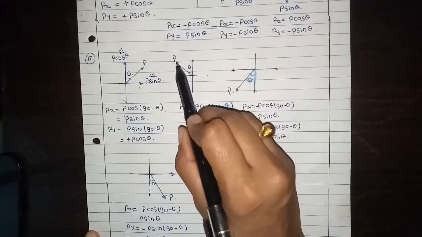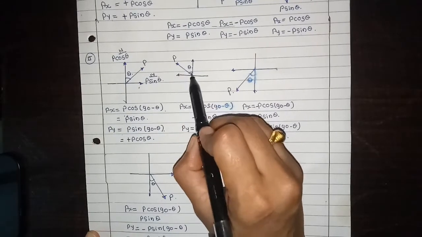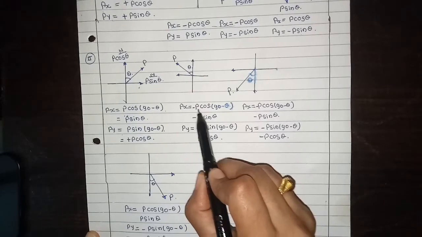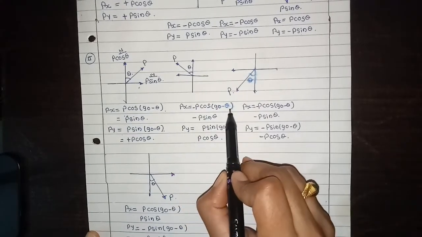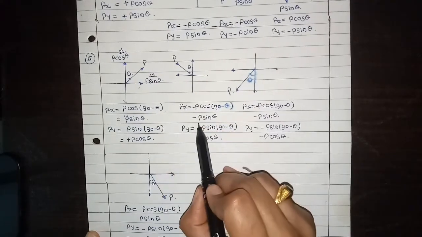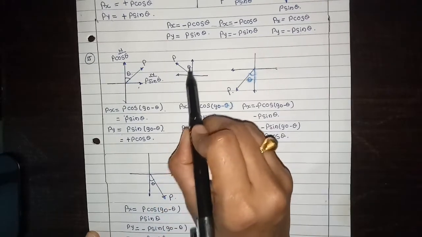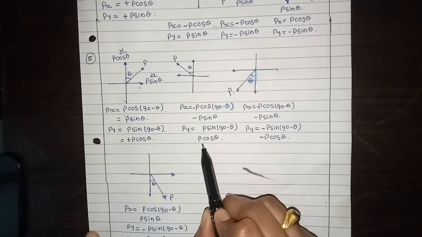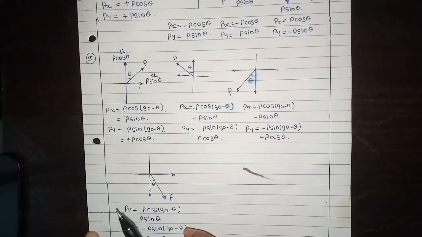Then if force P acts in the second quadrant, Px is equal to minus P cos(90 minus theta), that is minus P sin theta, and Py is equal to P sin(90 minus theta), so P cos theta.